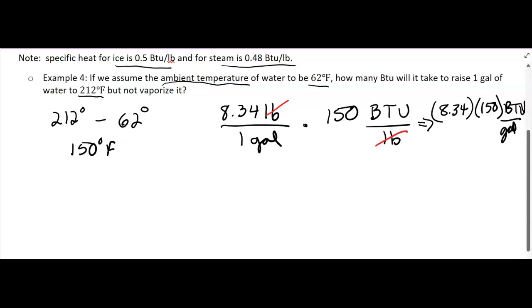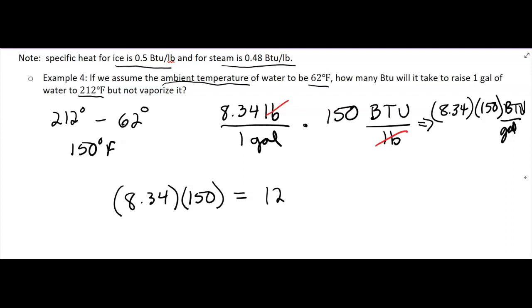So on your calculator, you're going to do this multiplication, 8.34 times 150, and that's going to get you 1,251. And that's how many BTU it takes. Oh, you know what? I think it's supposed to be a lowercase t. Darn it. A lowercase t. BTU per gallon.